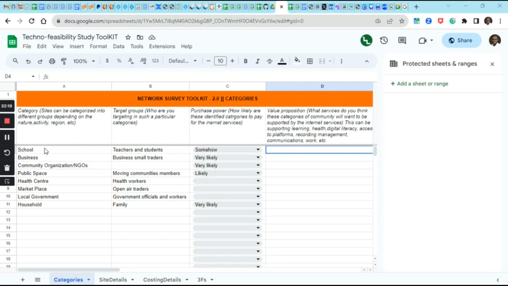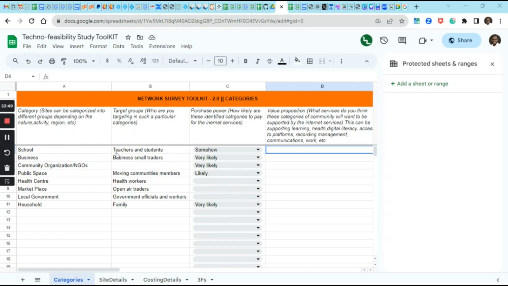So once you have that clear impression of who you want to serve in a big picture, you can tell, if I think about a school, who can be my target group? In a school, probably you're thinking about a teacher, a student, or support staff. And these people, of course, can rely on internet in one way or the other.